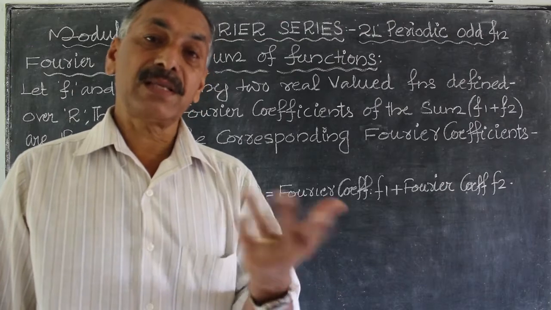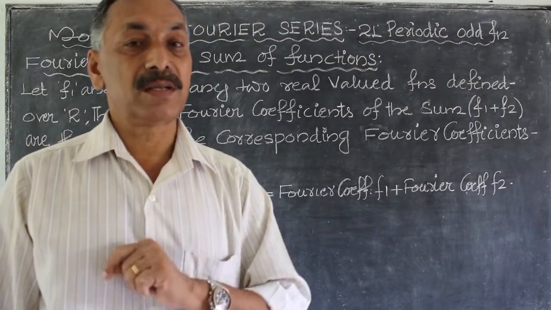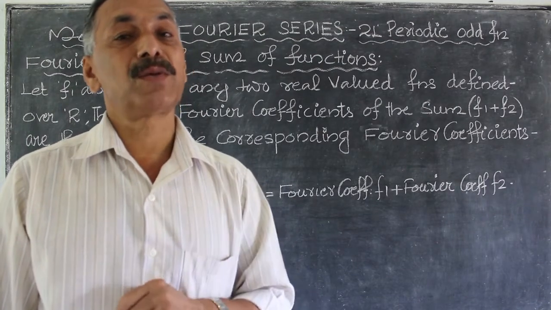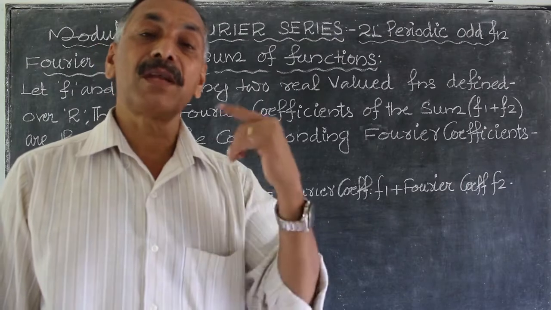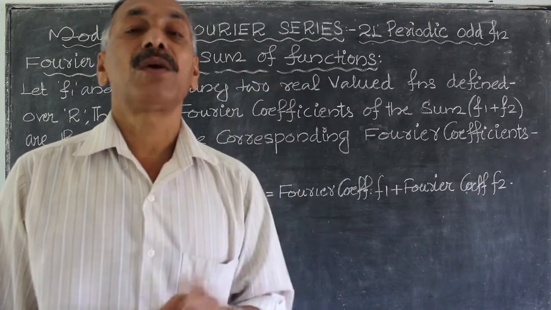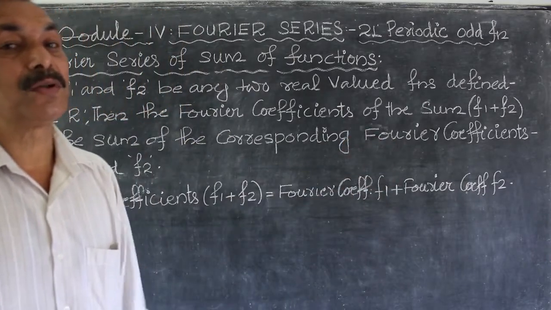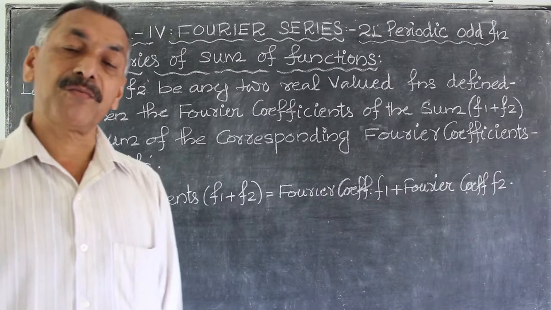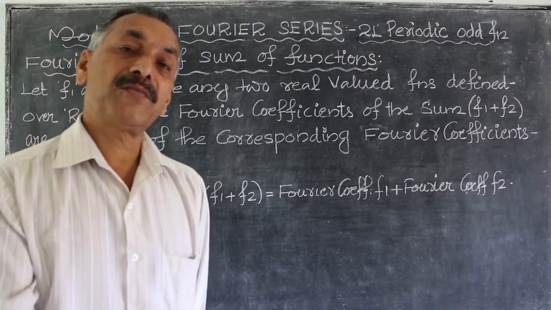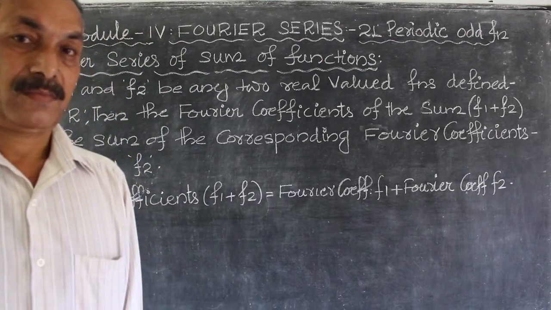Directly x plus x square, and f of x directly pi plus x. Fourier coefficients of f1 plus Fourier coefficients of f2. That is, Fourier coefficients of f1 plus f2 is equal to the sum of the corresponding Fourier coefficients of f1 and f2. It's okay?